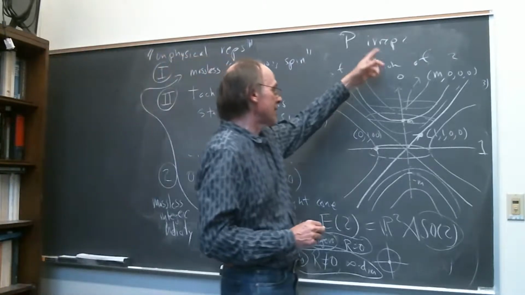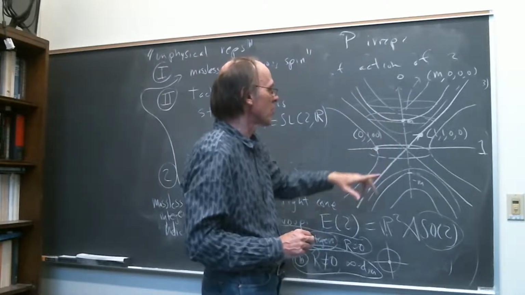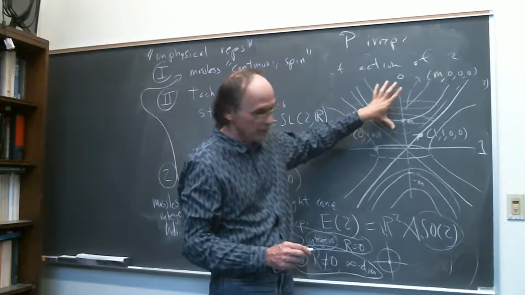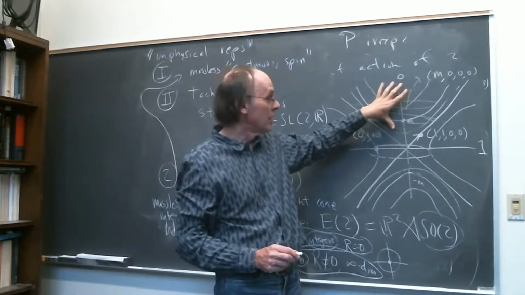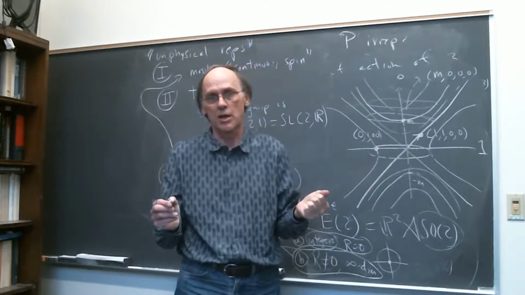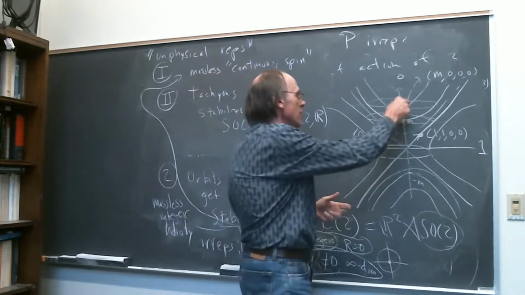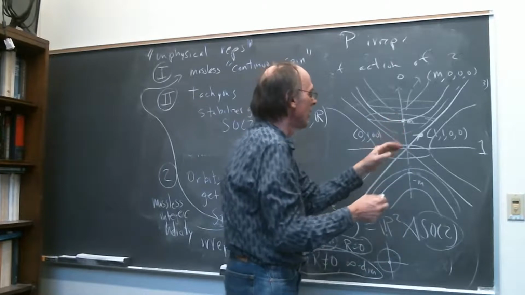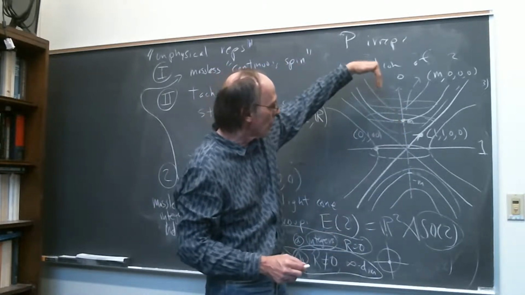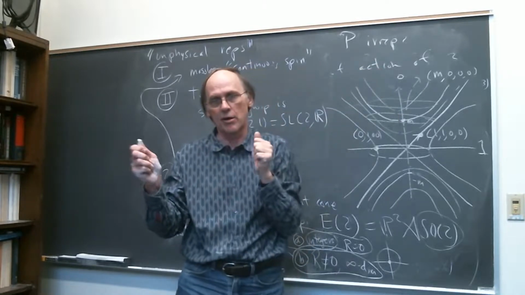Yeah, that's actually related to this. One interesting thing about the story is that this is really the story of relativistic massive particles. The light cone is the story of relativistic massless particles. So you can ask, if you have everything that you're doing with a massive particle, what happens as m goes to 0?